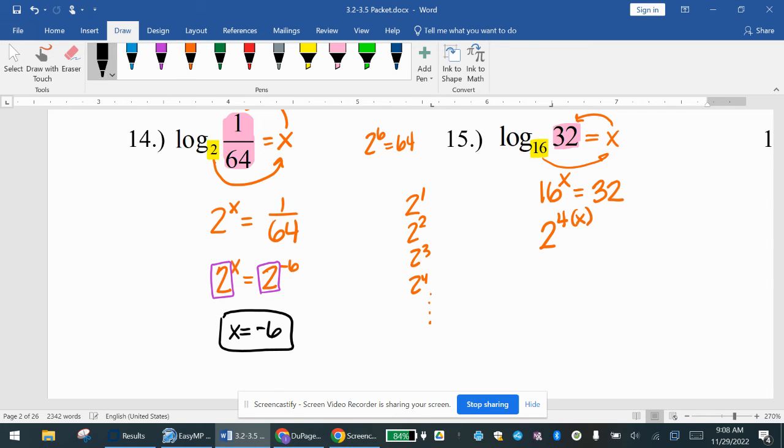So I'm rewriting these with a base of 2. That's what I'm trying to say. Okay, 32 comes from 2 to the fifth. So I could rewrite it as 2 to the fifth. As long as the bases are the same, I can set the exponents equal to each other. So I get 4x equals 5, divide by 4, and x is 5/4.